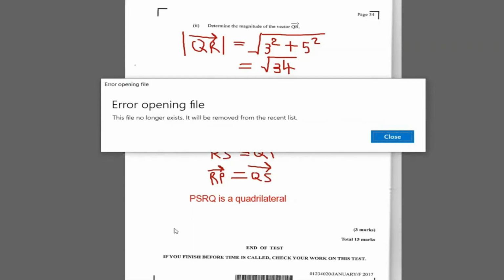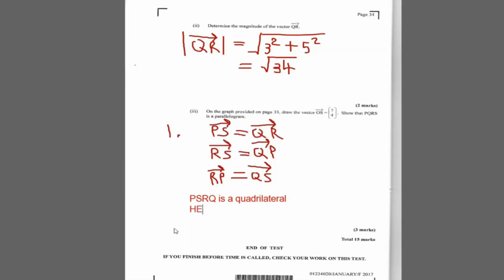And of course, PSRQ is a quadrilateral. And since those vectors are equal, all their lengths are equal. All right. So hence PSRQ is a parallelogram.